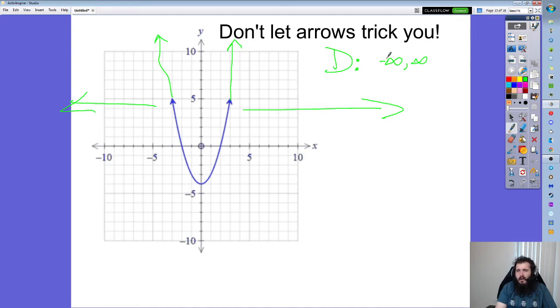There's no number that we can plot a point on and say, hey, this is negative infinity. I have a friend who would argue with me about that for about a day and a half, but with the way that we conceive of this and the way that it has been conventionally decided that we're going to communicate this, anytime one of your endpoints is infinity or negative infinity, you're going to use parentheses.